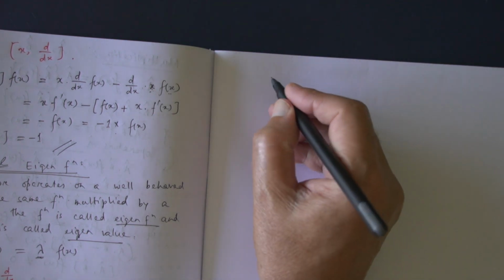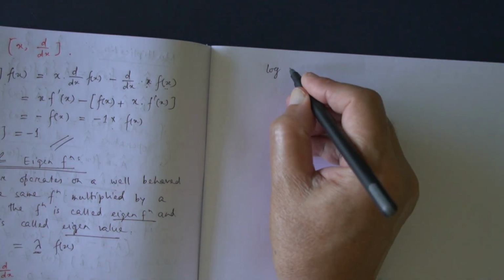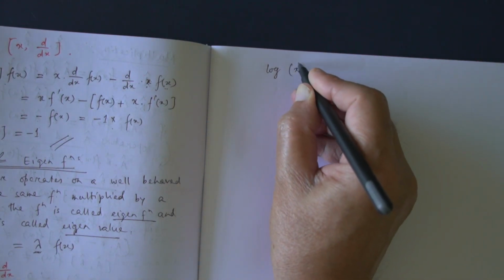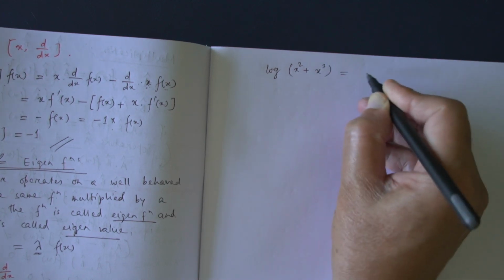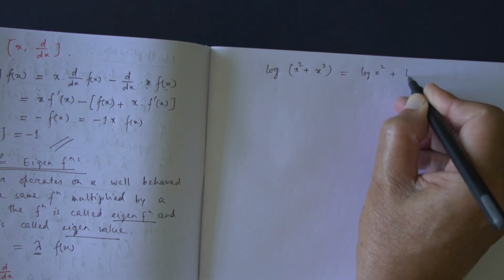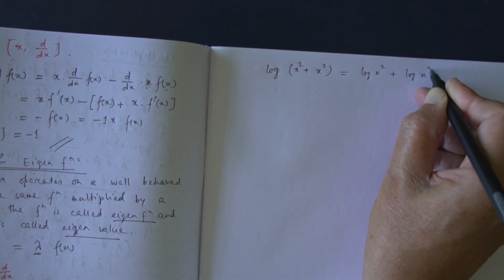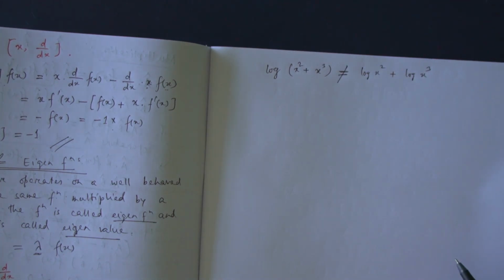Similarly, suppose we are taking log. Now what is the operator? The operator is taking log. Say log(x² + x³). Can we write it like this, log x² plus log x³? No, this is not possible.